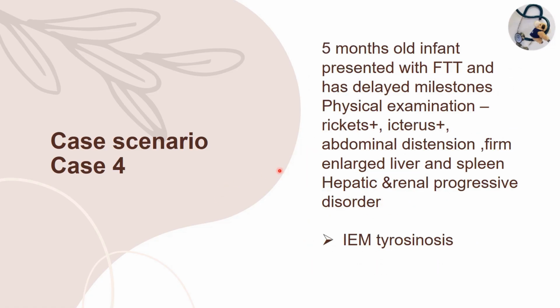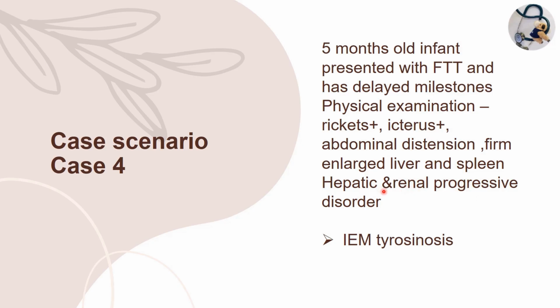Then case scenario 4: a 5-month-old infant again comes to you with failing to thrive, and you find this child has delayed milestones. On physical examination, this child is icteric, having jaundice, has features of rickets, there is abdominal distension, a firm enlarged liver and spleen, and a progressive hepatic and renal disorder.